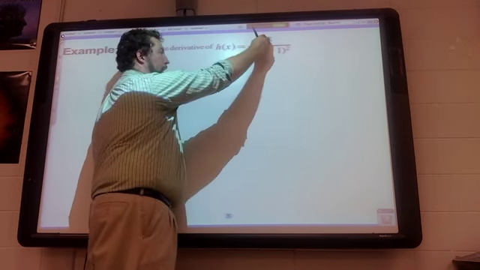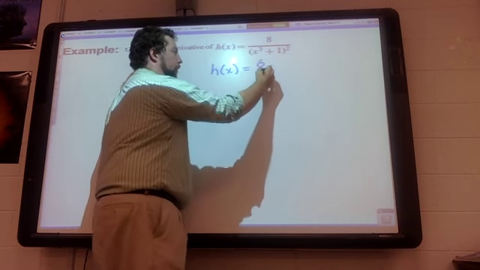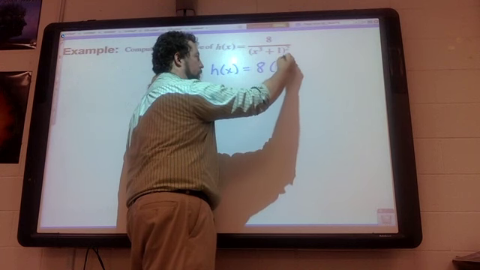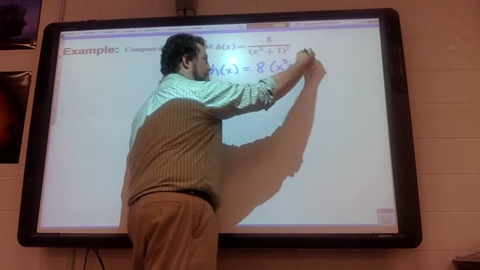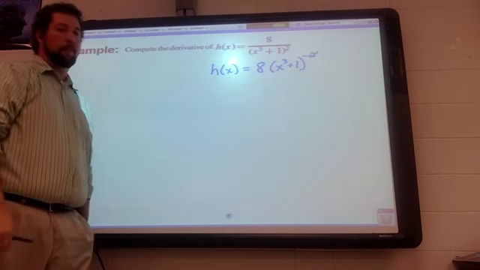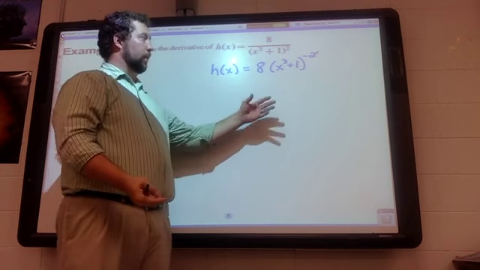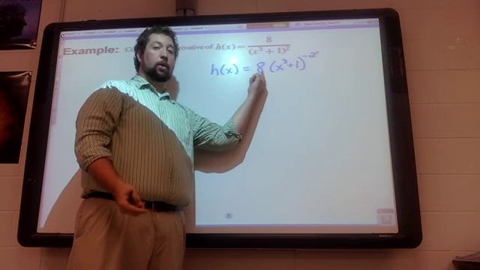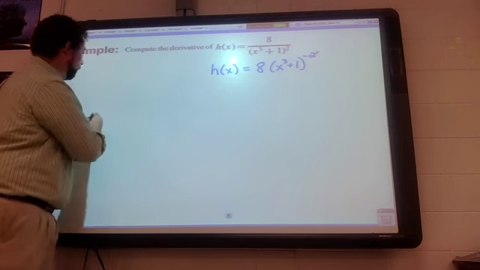So since it's just an 8 up top, I could actually rewrite this as an 8 coefficient and then rewrite this as x cubed plus 1. Instead of a second power on the bottom, I could rewrite it as a negative 2 power up top. And now we don't have a quotient rule, we really just have a chain rule with a coefficient out front. All right, so let's do it this way.